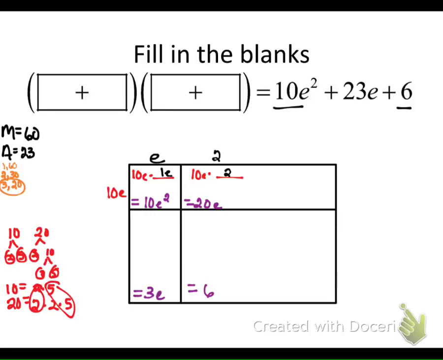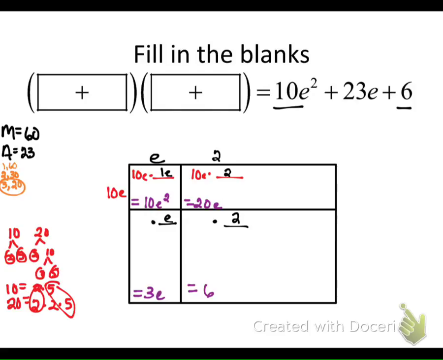Now, this is where it gets tricky. I know the area. I don't know the height, but what do I know about these rectangles down here? I don't know the height, but I know the width. What's the width of this one here? E. What's the width of this rectangle? 2.